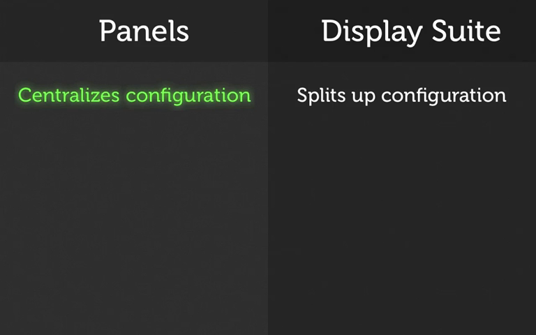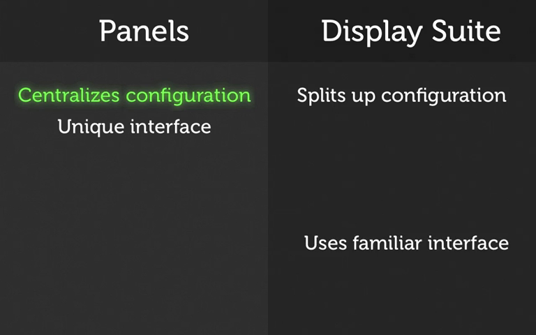However, this could be discounted a bit because the way panels works, it has to create a whole novel interface for that configuration. So we have a set of concepts like variants and layouts to wrap our minds around in order to work within the context of a panel, whereas Display Suite leverages existing configuration pages.